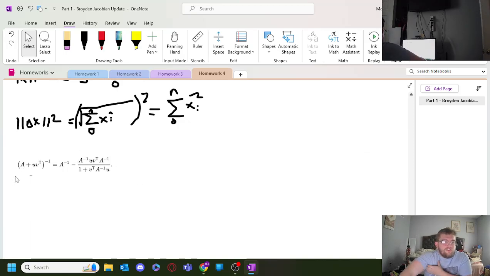What it says is that some matrix A plus an update, the inverse of that equals the original inverse minus this term, where U and V are column vectors that basically allow you to control certain values in a matrix.